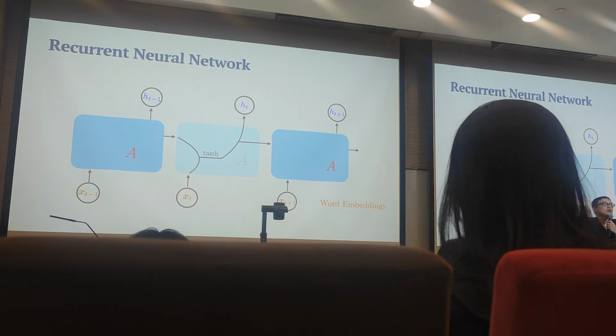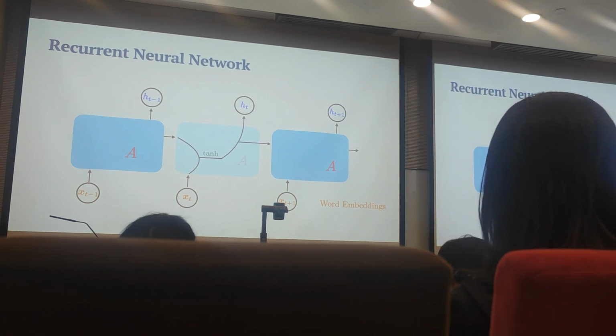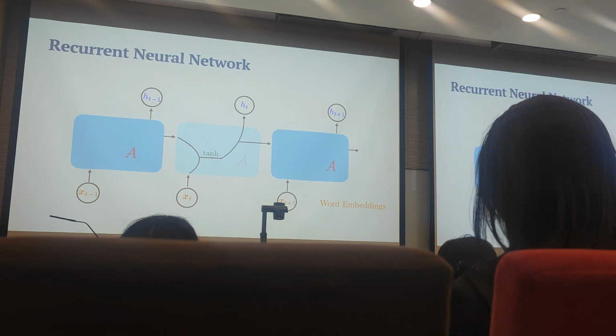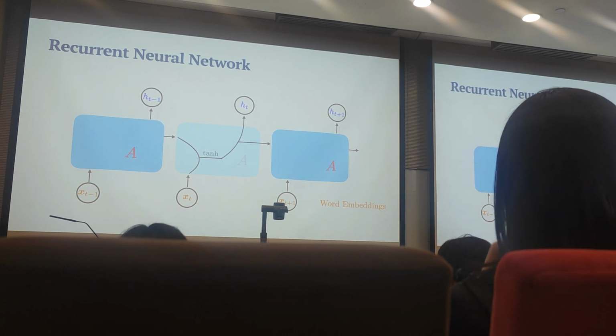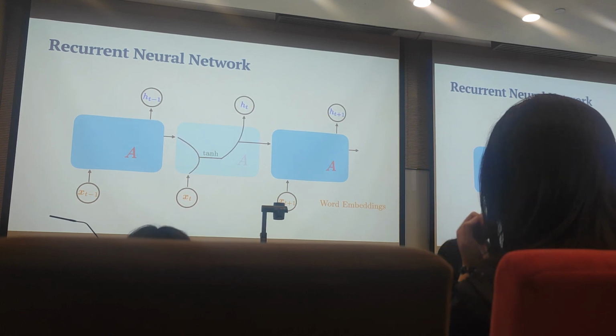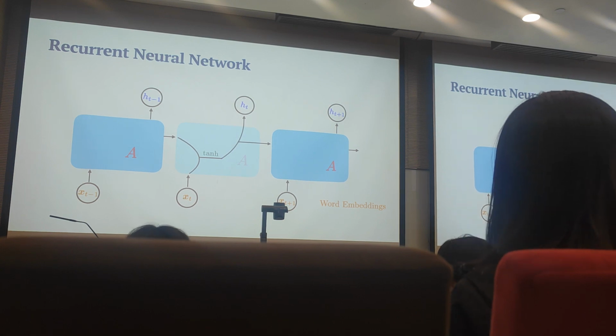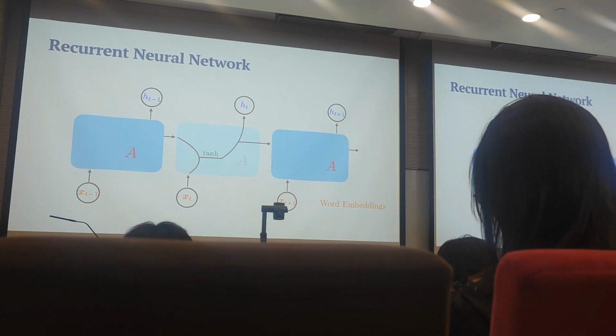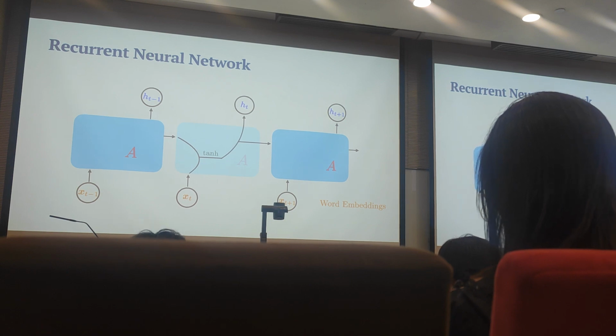It's big A, right? So big A includes WH, WE, all these different kinds of things. But why did I put three same A's here? Because the parameters inside these blocks are the same, right? So it's always WH and WE and B, always those parameters inside this thing.